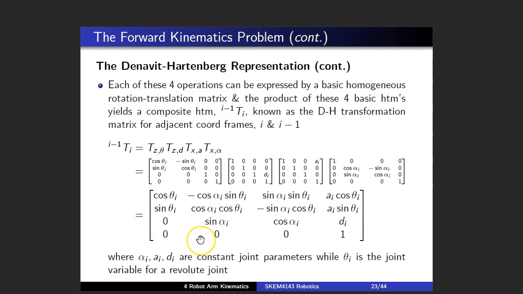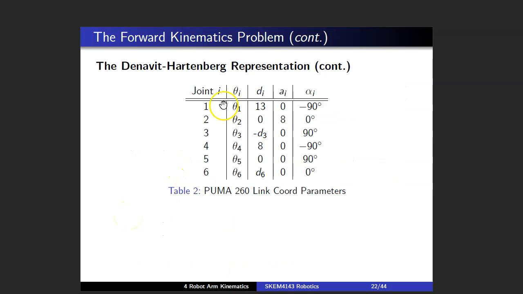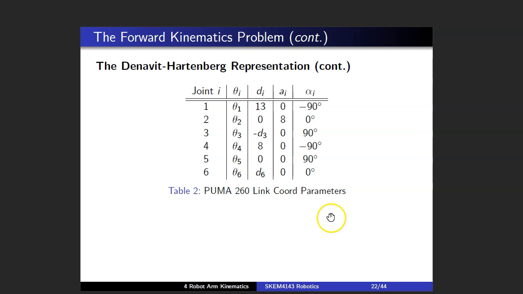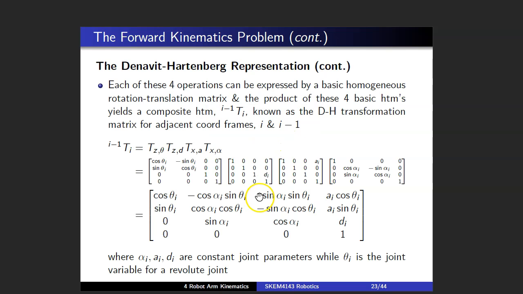As we can see, this matrix is in terms of variables. So next, we can substitute our DH parameters in this matrix. For example, for T1, we substitute these values for joint number 1: d1 you substitute here, a1 you substitute to be this, and so on.